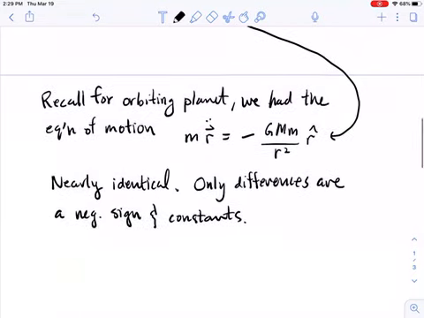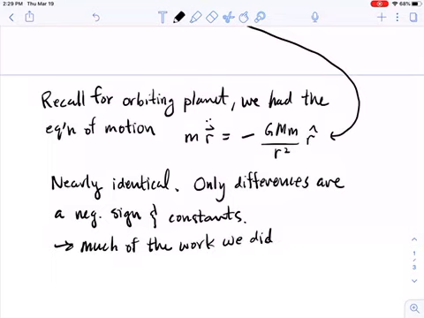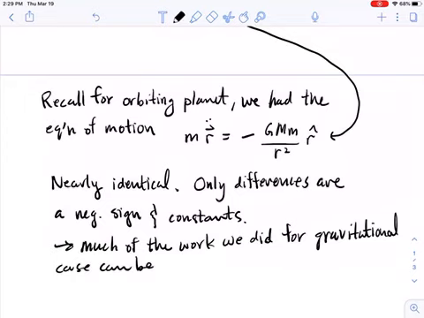Okay, so much of the work we did for the gravitational case can be reused for the Rutherford scattering problem.